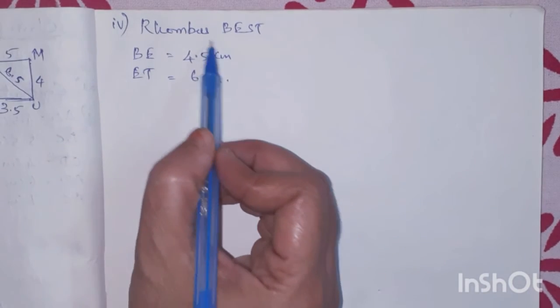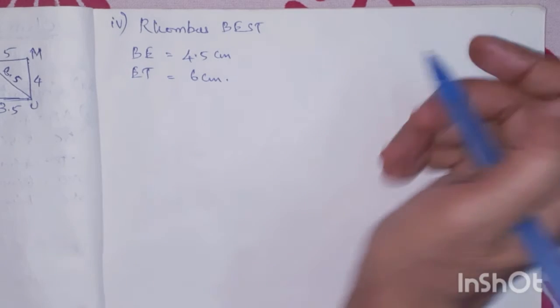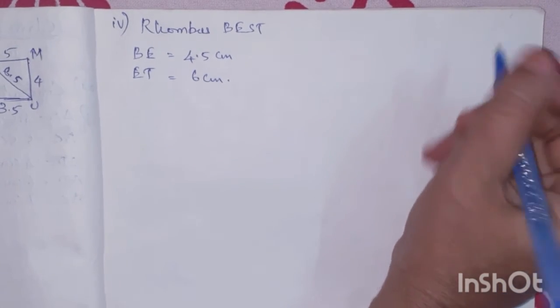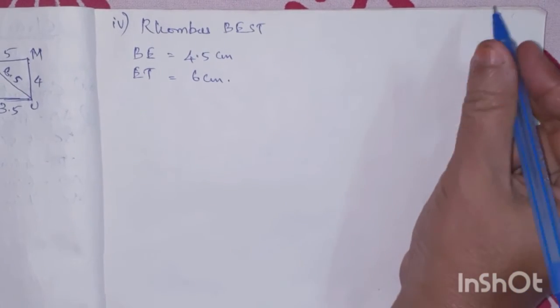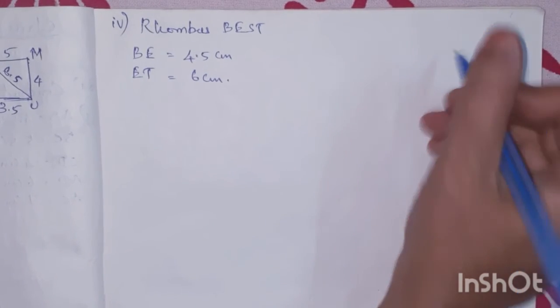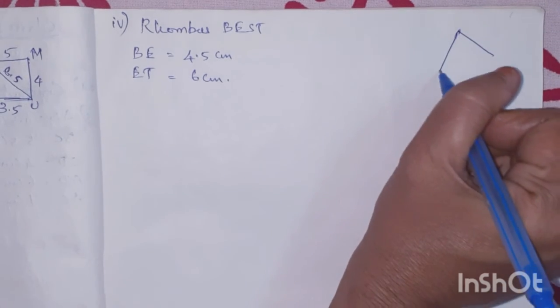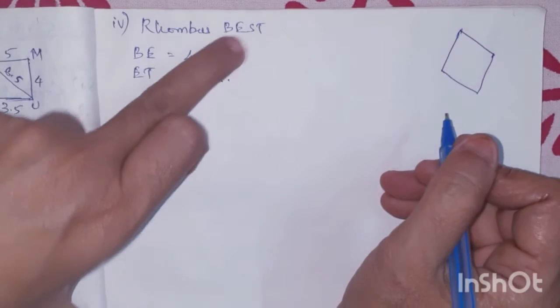Fourth sum, rhombus BEST. Given this sum, first we draw the rough diagram. Rhombus means all the sides are equal. Parallelogram, opposite sides are equal. Rhombus means all the sides are equal. BEST.